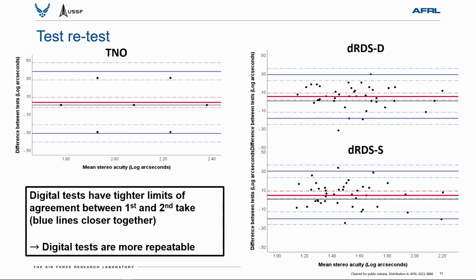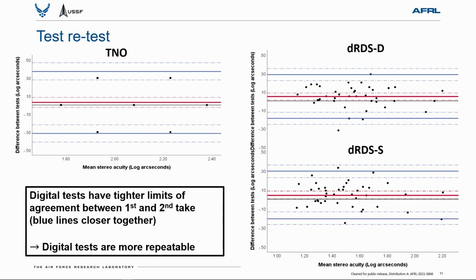And to try and interpret these, the smaller the standard deviation, the closer the blue lines are together, the smaller the difference between the first time you take the test and the second time you take the test. So the closer the blue lines are together in the digital random dot stereograms tells us that those digital tests are more reliable than the TNO test.